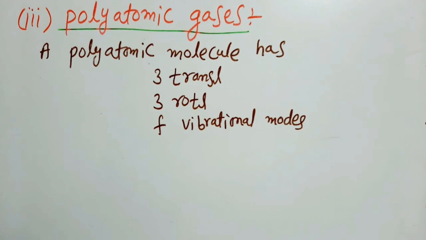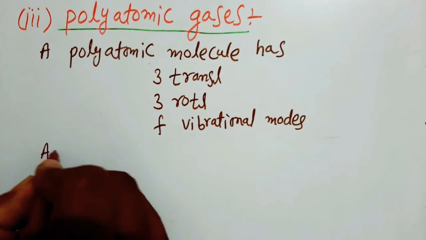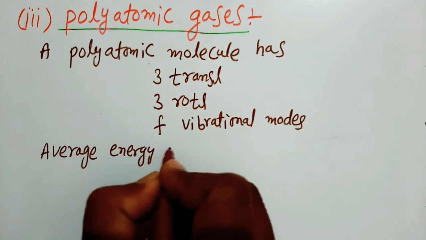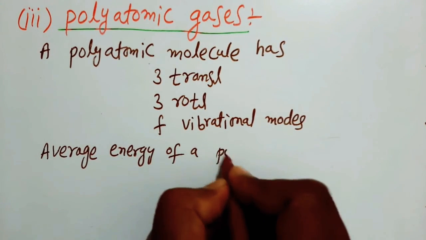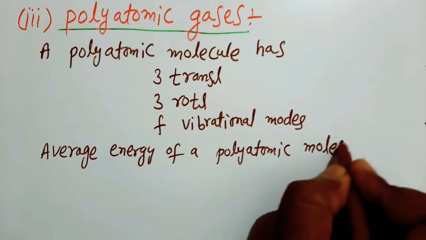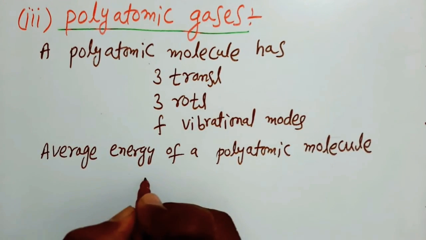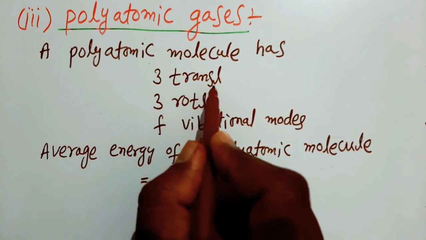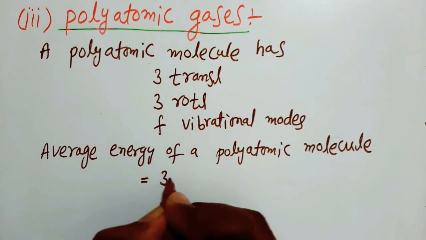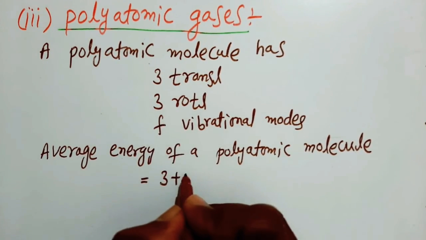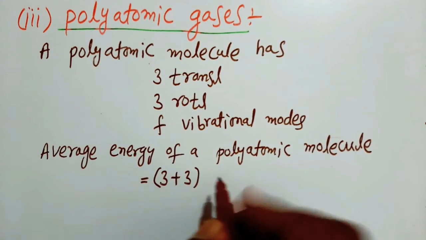So the average energy of a polyatomic molecule is, here it has 3 translational degrees of freedom, that is 3, plus it has 3 rotational degrees of freedom.